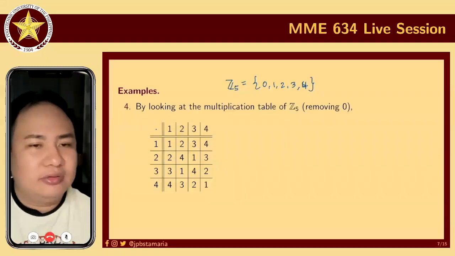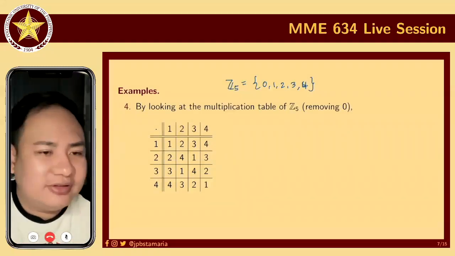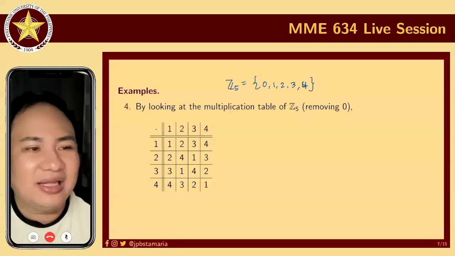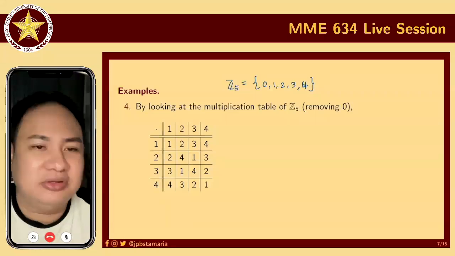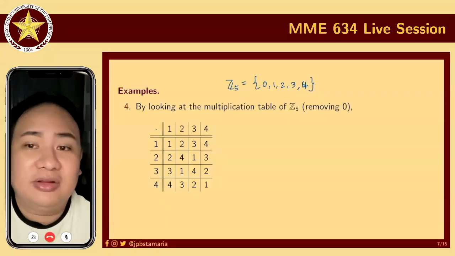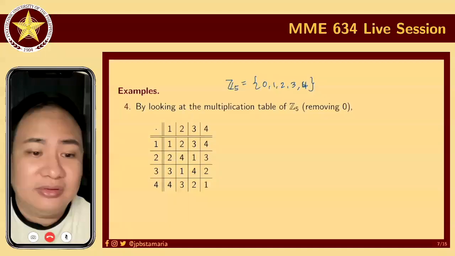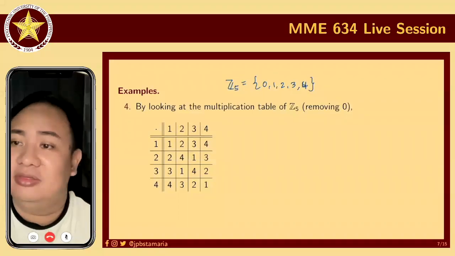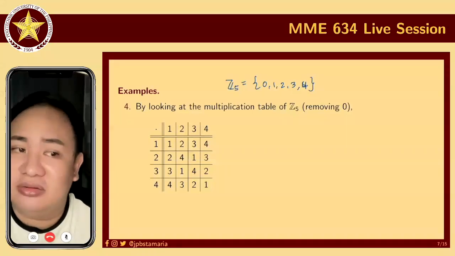Now, do you think Z sub 5 is an integral domain? Look at these non-zero elements. Hindi ko na sinama yung 0 kasi pag integral domain, interesado lang tayo sa mga non-zero. Kailangan ng product nila non-zero. Yung mga products ba ng mga non-zero elements na to, non-zero rin? Meron ba lumabas na 0 dyan?